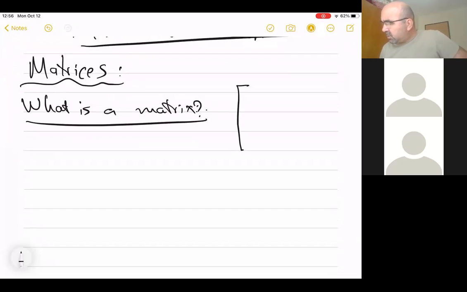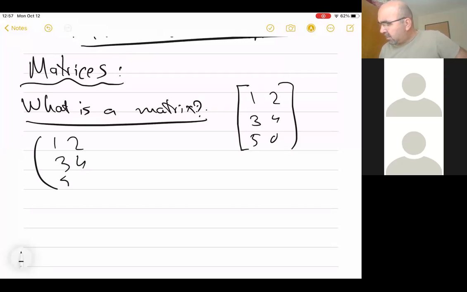Either you can use this notation, for example, something like this, or some people use, let's say, another. It doesn't matter which notation you use, but it's a list of some numbers.